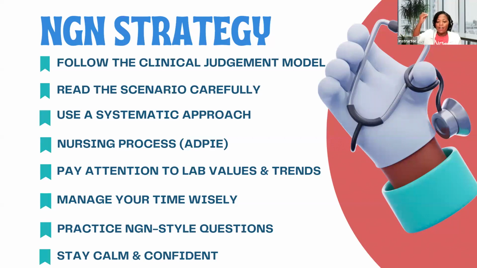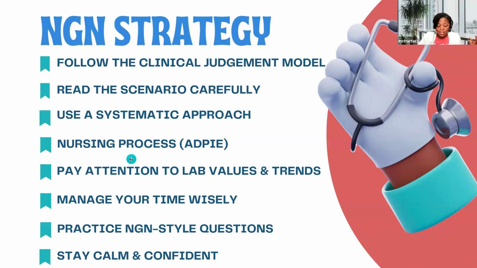But try very, very much so to follow that clinical judgment model, and be aware of what that scenario is asking you. So read it all and take a systematic approach. This may be starting with keeping in mind the ABCs, keeping in mind Maslow, keeping in mind safety principles, and always thinking about your nursing scope.